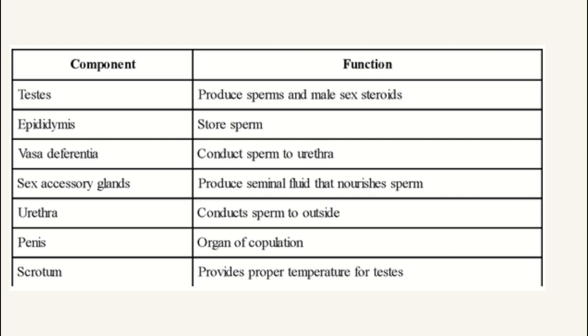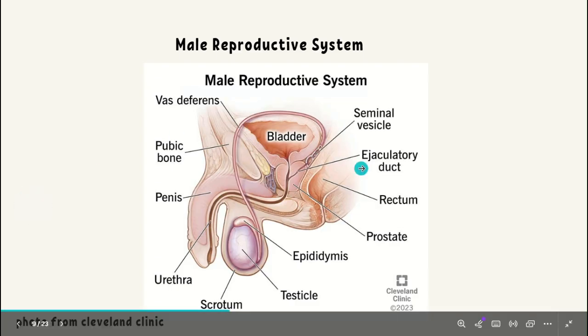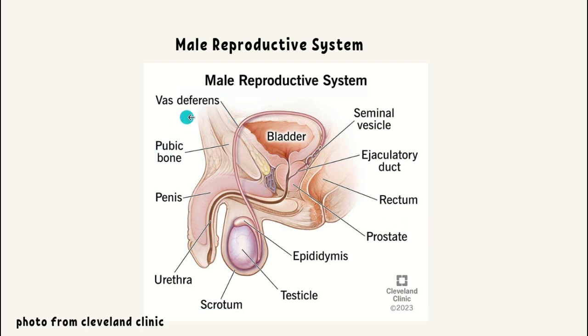Now, if we go back to the diagram, I will just look at it more in depth. So the vas deferens, we always pronounce it wrong, but basically, it's a muscular tube that carries sperm from the epididymis.